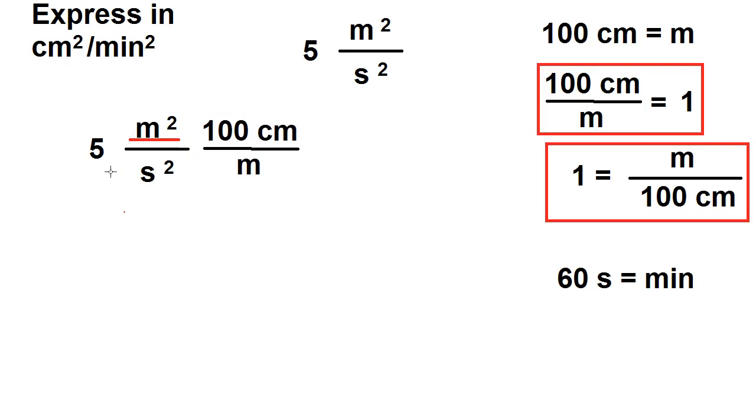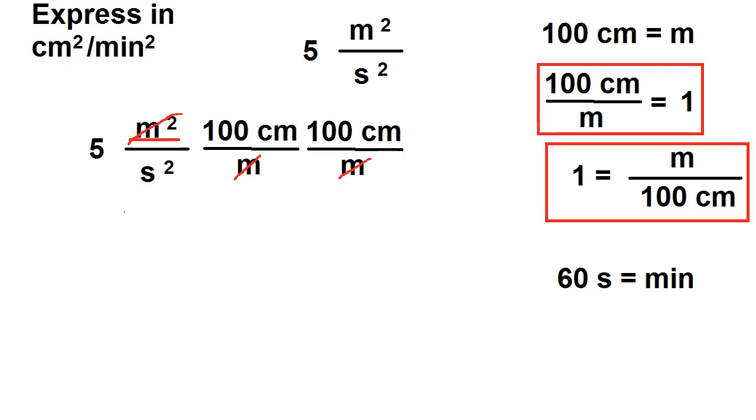Now, we do have meters squared here, so you do have to remember that you not only need to multiply once by the number 1, but you have to multiply twice by the number 1. And the idea is once you've done this, this square meter here will cancel out with the meters here and the meters here that you need to have in order to get this to be in a number of centimeters.